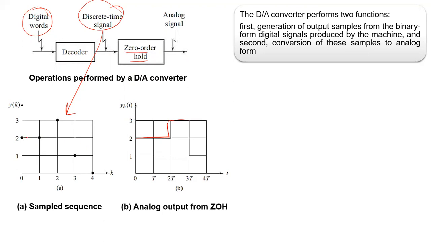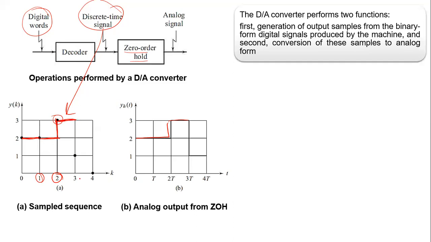So it starts from 2, and till the next sample arrives, the output will be kept at 2, right here, like this. When the next sample has arrived, it will see that it is again 2, so it will continue here, right? At sample 2, it will see that the level has changed. Now the level has reached 3, so it will immediately step up to the value 3 and then keep on continuing like this, right?